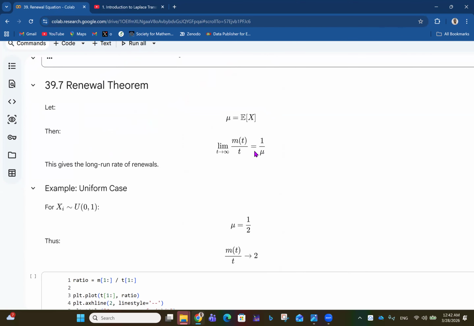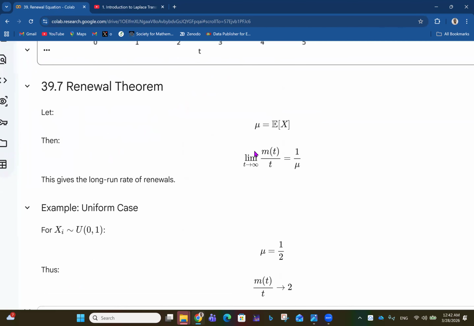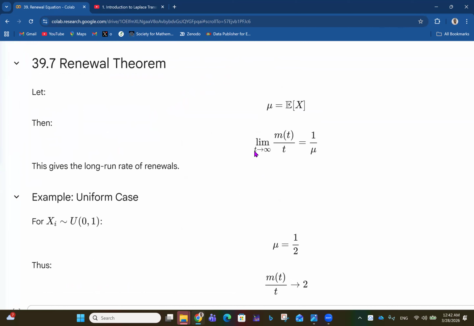And then we have the renewal theorem, which we also came across in the last video. This is a very simple concept. If we let mu, the mean, be the expected value of x, which is the standard definition of expectation in probability, then the limit as t tends to infinity of m of t over t is 1 over mu.